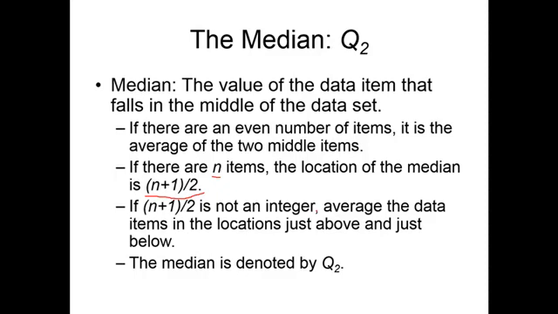Just average data item number 5 and data item number 6, and that average is what we call the median. Its value will fall in the middle of the data set. And again, as said above, the median is denoted by Q2. We will explain that Q in the next slide.